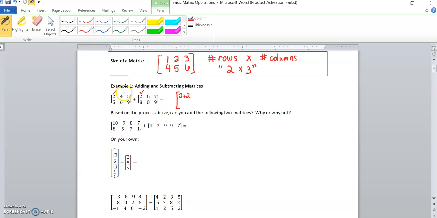So we have 4 and 6, so 4 plus 6, and 5 plus 7. Okay, and so on. We would do that for all of them. 6 and 0, 9 and 9. You get 4, 10, 12.